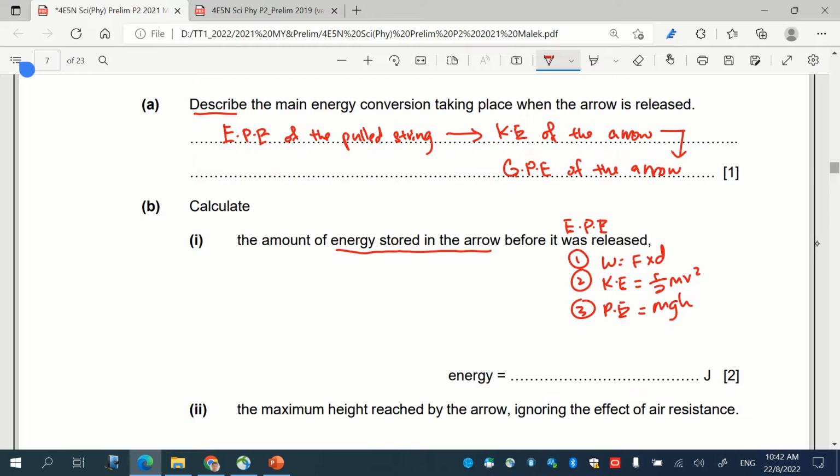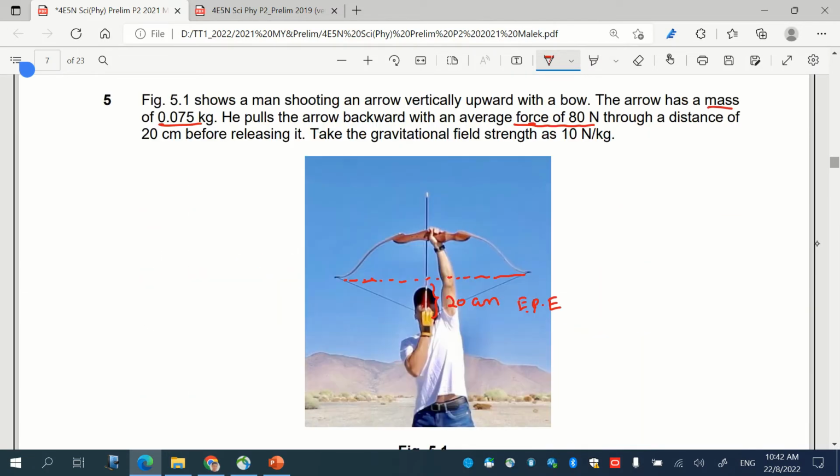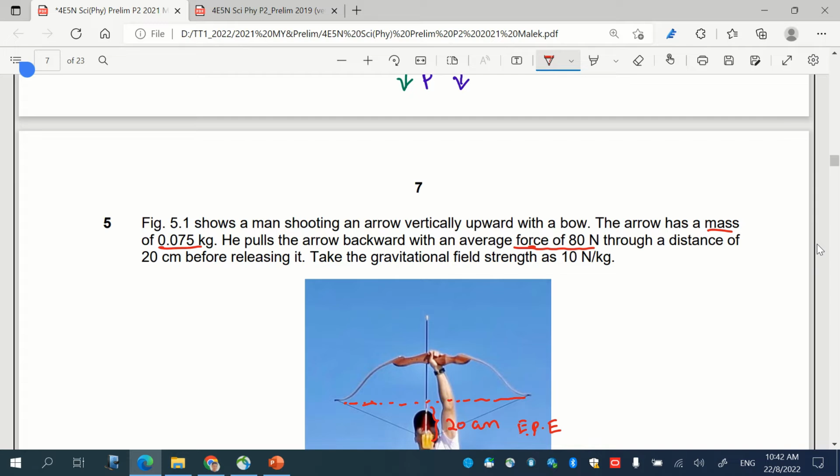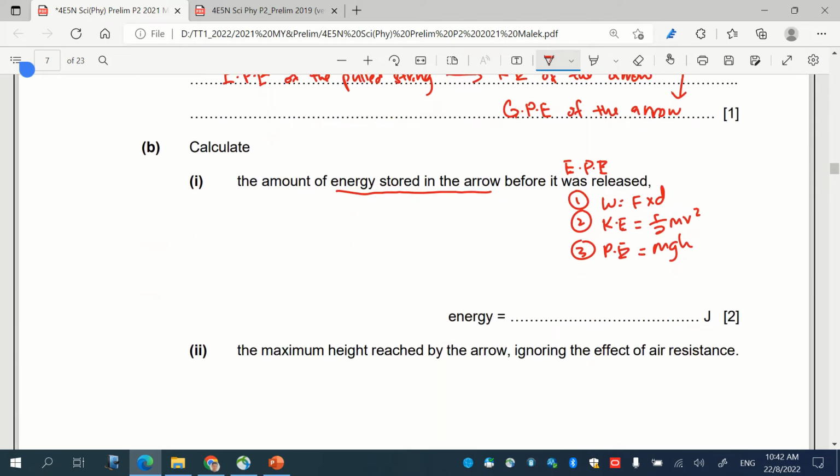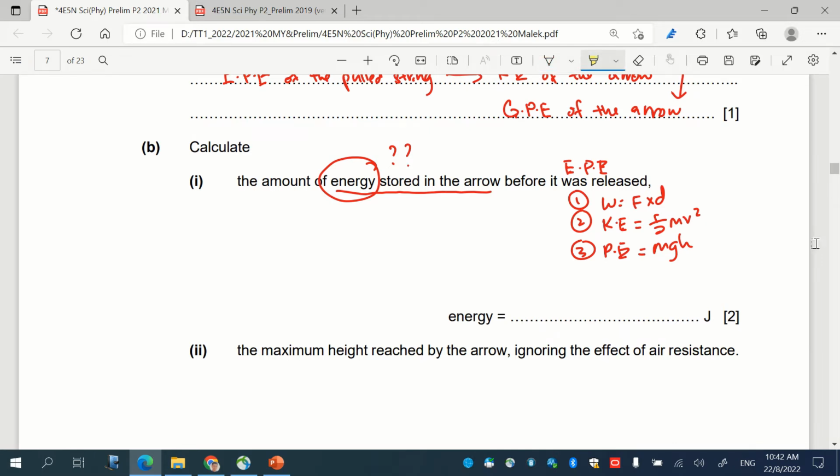If you look at the hint given in the question, you see mass, you see force, and you see a distance 20 cm. Okay, mass, force, and distance. Which formula with this information allows you to find the stored energy? You have force and distance, so you should be looking at work equals force times distance.